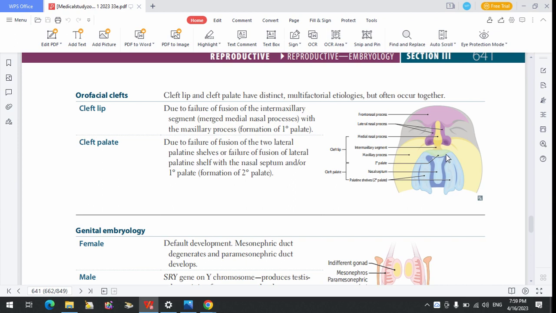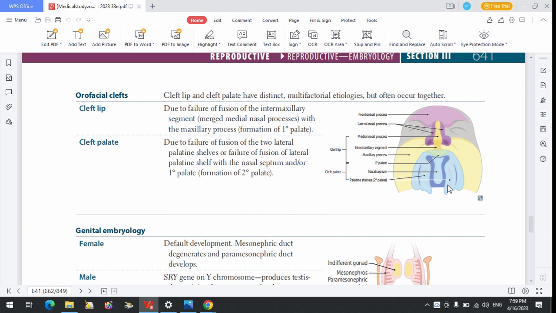That is that. For the palate, you just look for your palatine shelves. There are two. Your lateral palatine shelf, this one here, and the second palatine shelf, this guy. They're supposed to fuse together in the midline to form the palate, to form the secondary palate. If you don't have fusion of the lateral palatine shelves to form the secondary palate, you can have cleft palate.